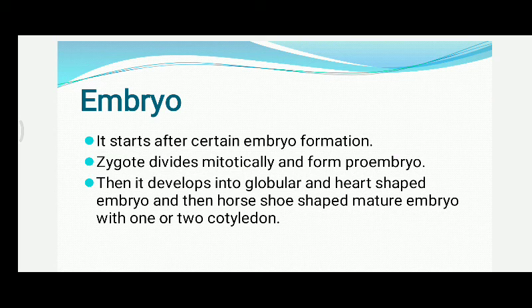Outer integument will now be called the testa. Inner integument is called the tegmen. Micropyle will remain as the micropyle. Synergids will be destroyed. Egg cell will convert into the embryo, and antipodal cells perish, while the secondary nucleus will become the endosperm.